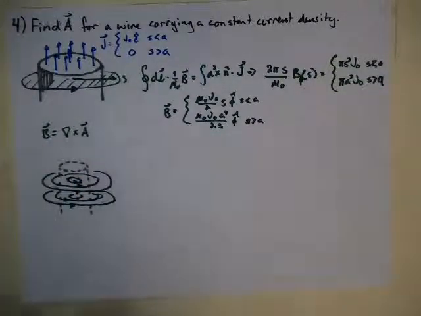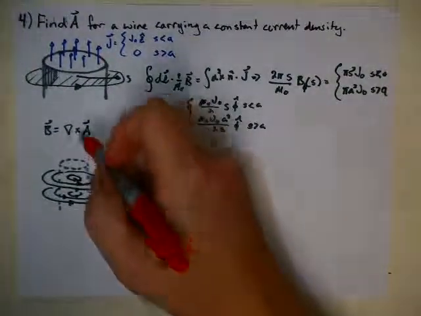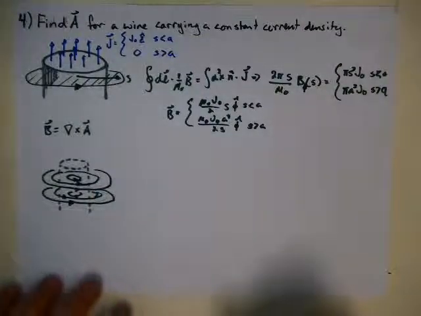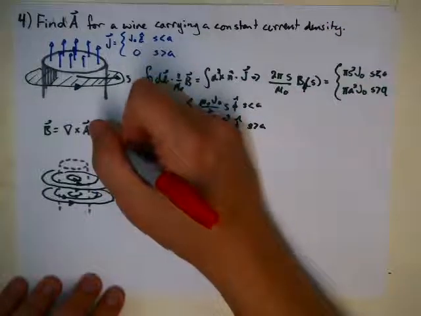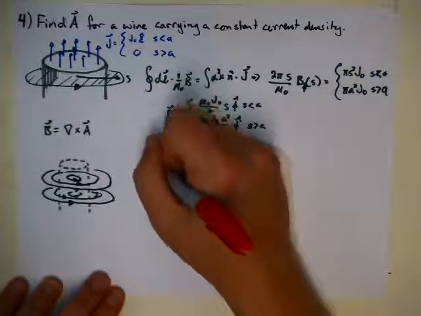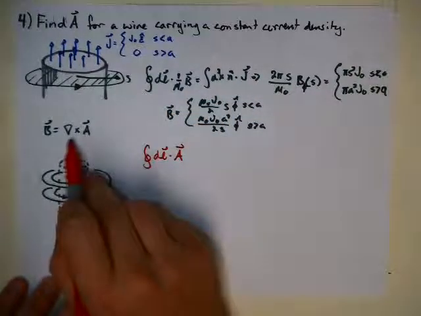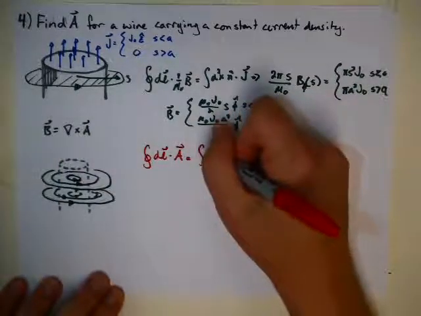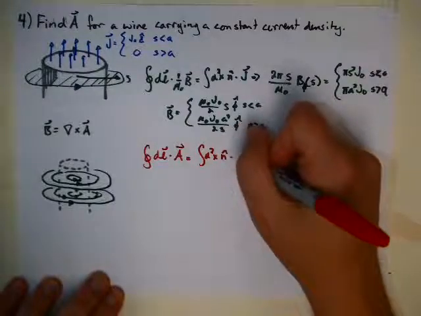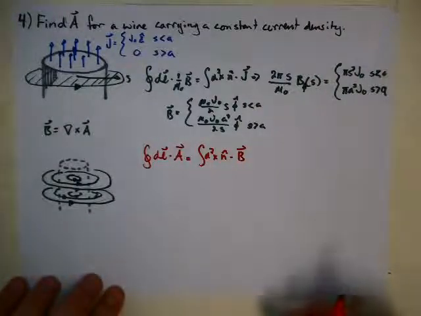Now the trick that I told you before is that I'm going to use the definition of the vector potential, using the magnetic field to find A. I'm just going to apply the same idea. The fundamental theorem, when applied to a curl, is going to give us that the integral dl dot A is going to equal the integral d2x n hat dot B. And so I have to figure out what type of Amperian loop I want to draw here.